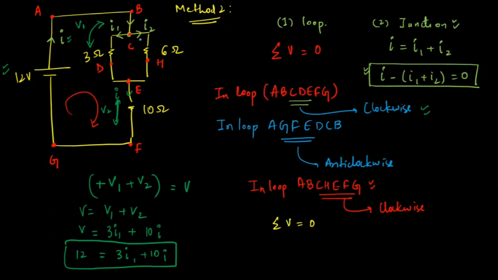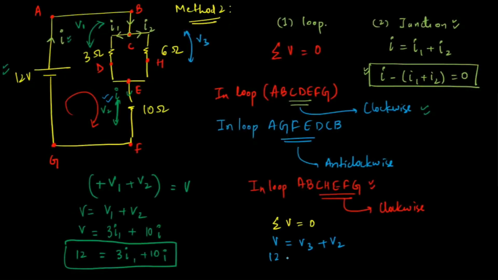ABC has no component, but CFCHE has some component, so I can mark it as V3 potential. And this is already defined: the potential across the 10 ohm resistor is V2. So what I can say here is that V must be equal to V3 plus V2. Similarly, V is 12. V3 is 6 times I2, and V2 is 10 times I.